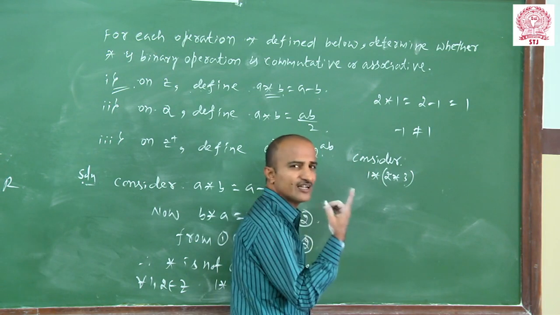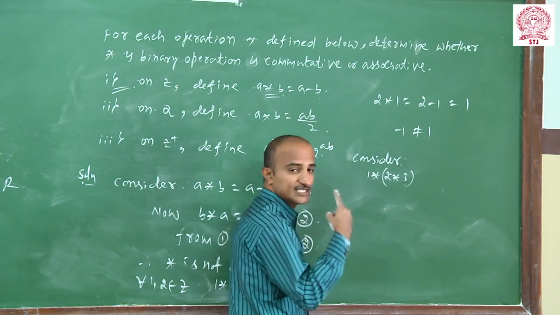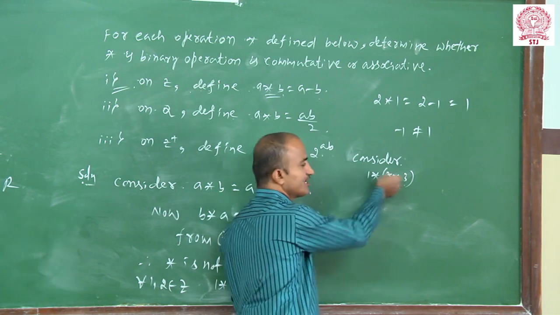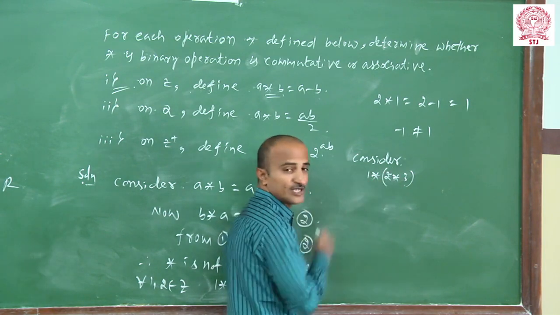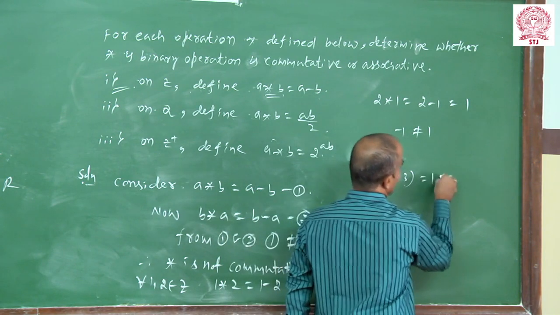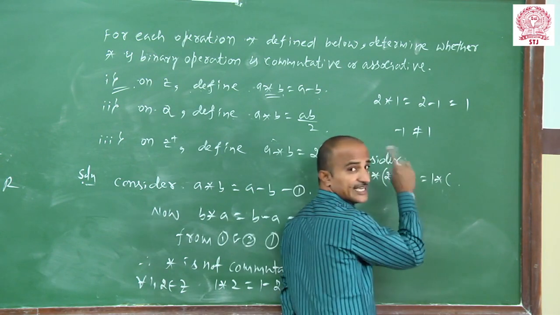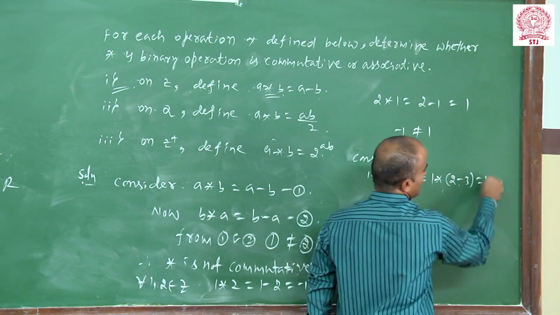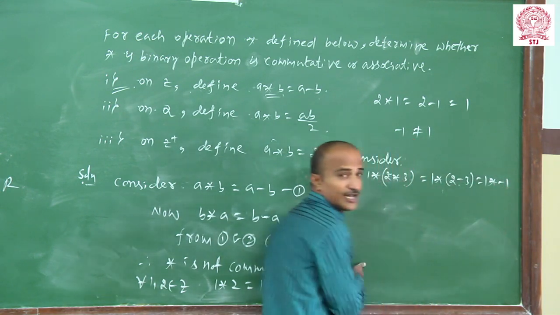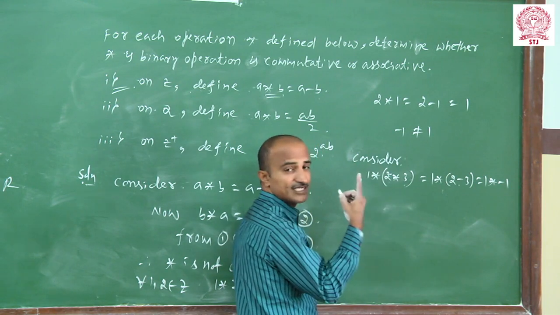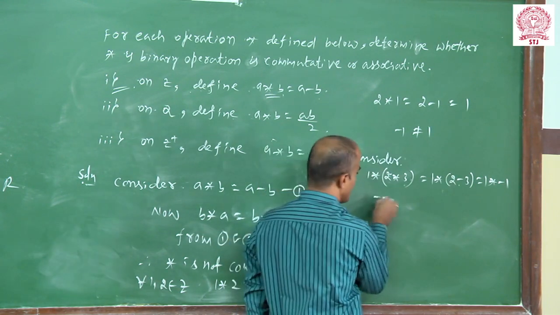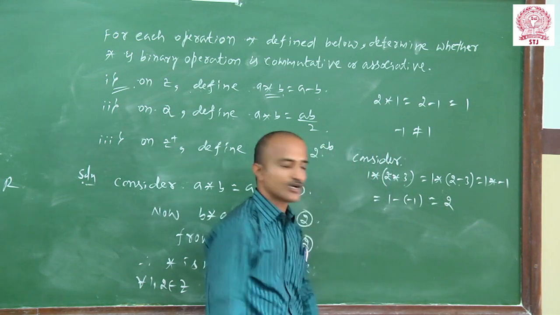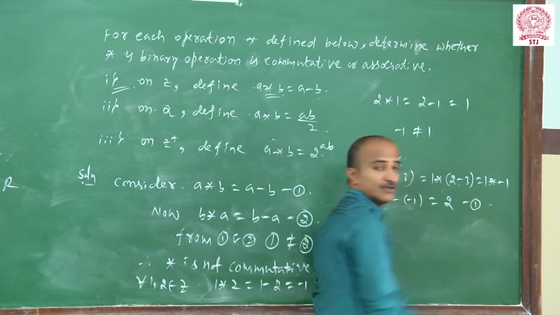In general also we can prove that by taking a star of b star c, where a, b, c belongs to Z. Instead of that, here we have taken 1 star of 2 star 3, where 2 star 3 means a star b is a minus b, then it is 2 minus 3. That will be 1 star of minus 1, which becomes 1 minus of minus 1, that will be 2. Call it as equation 1.